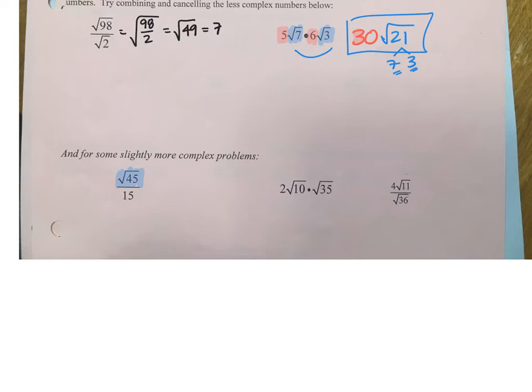So the square root of 45, I'm going to do it over here on the side. Square root of 45 is 9 times 5. 5 is done. And 9 is 3 times 3. So we have a pair of 3s. So 3 comes out. And that lonely 5 is left inside. And it's all over 15.